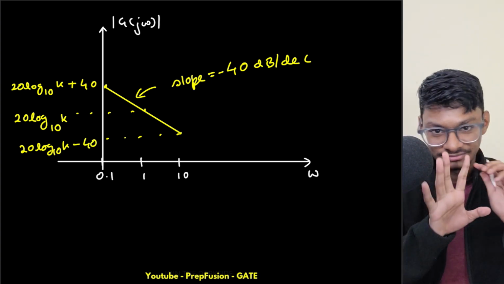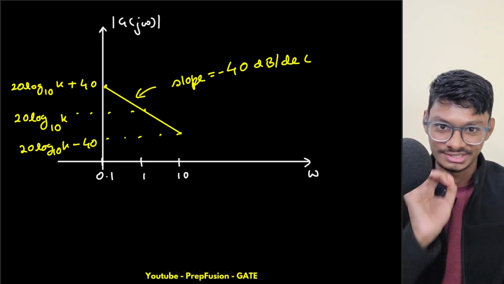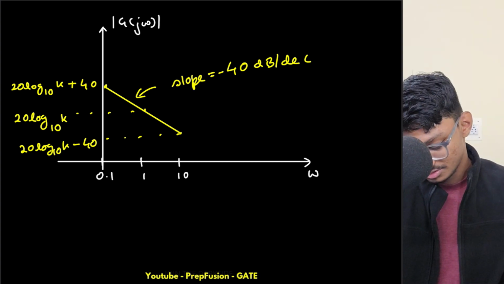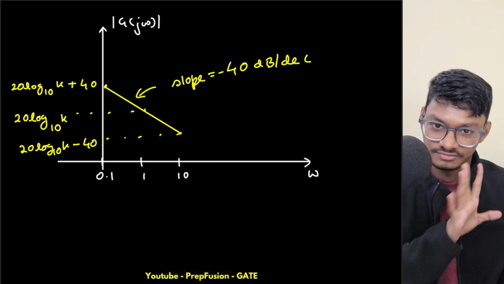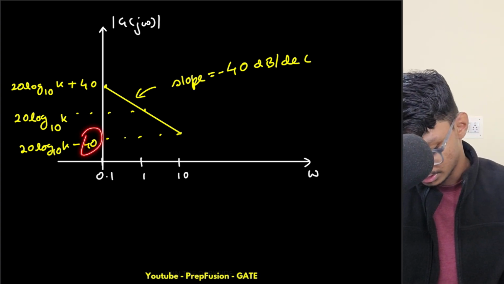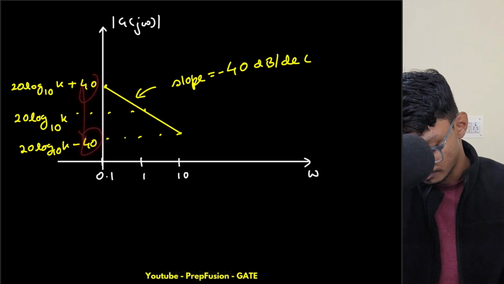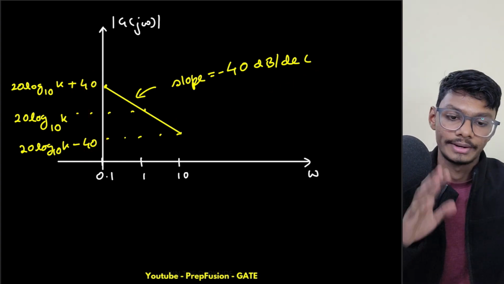Please try to understand that the base is fixed at 10, even if I don't mention it. So we are moving a total of 40, 40, and that's why this is minus 40 dB per decade.